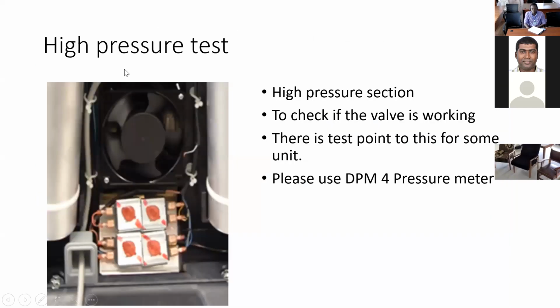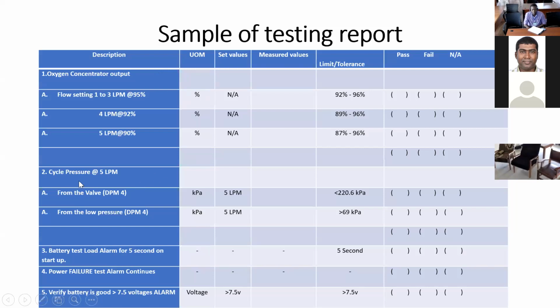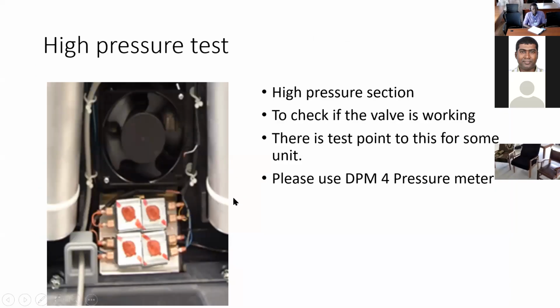When I mention high pressure on the cycle pressure, that's 220 kPa. That's on the valve section. When you talk about the high pressure section, you have to check that the valves inside the oxygen concentrator system are working properly.